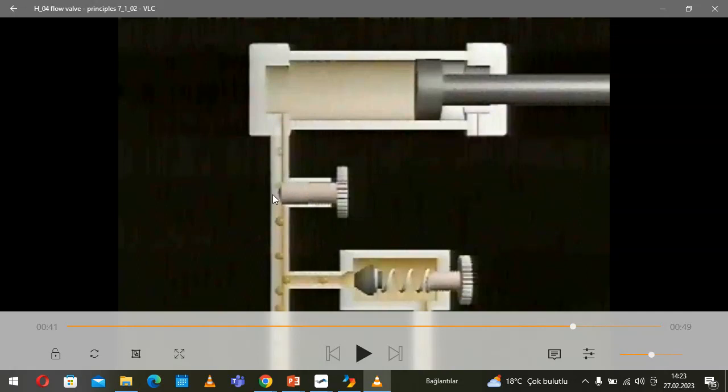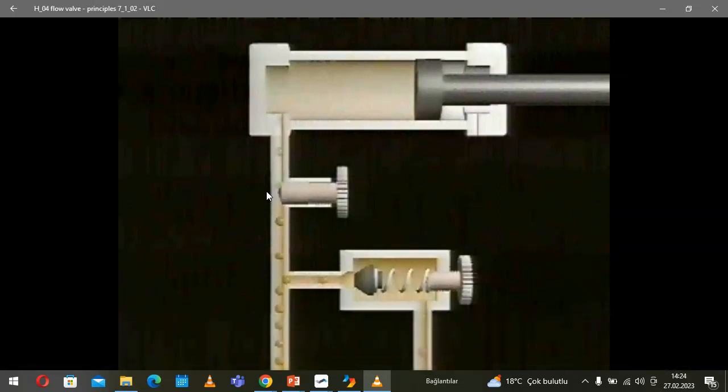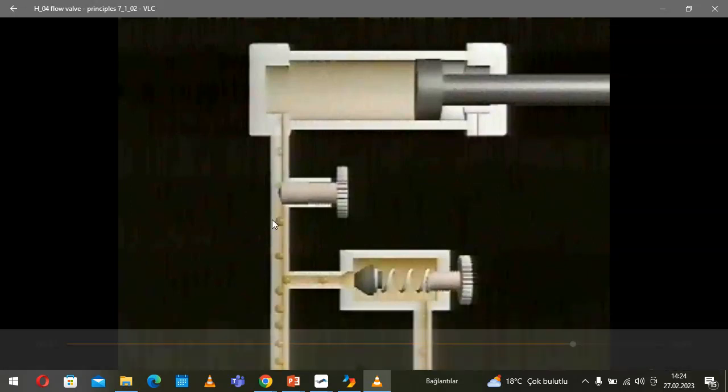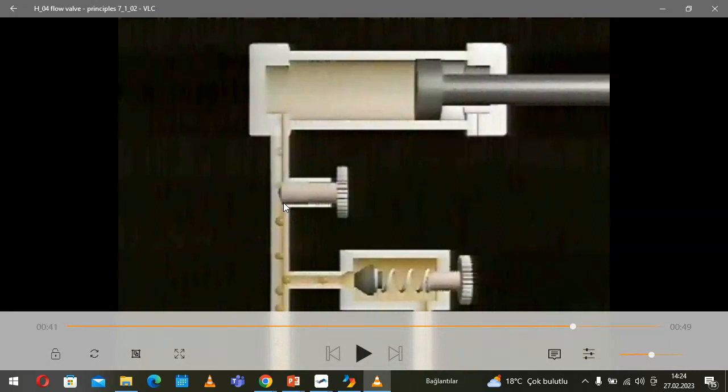If we reduce the cross section and create resistance for the flow, then because of the resistance here, the pressure increased in that part of the line. The pressure arrives at the level of the pressure relief valve.